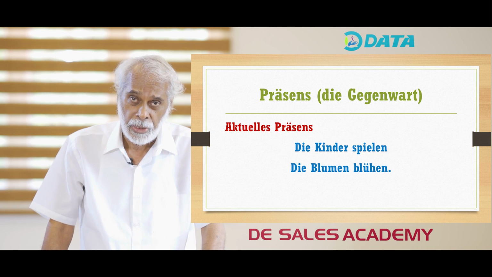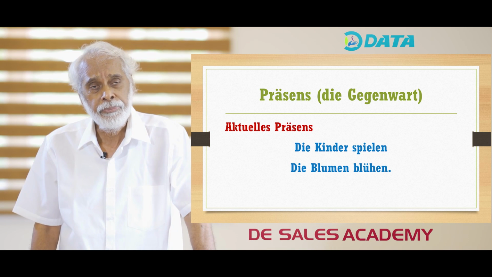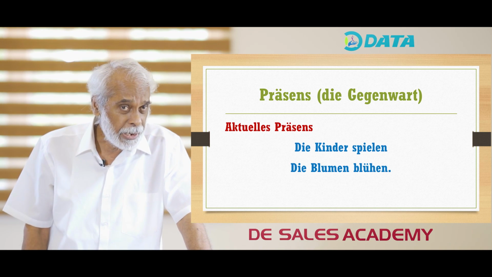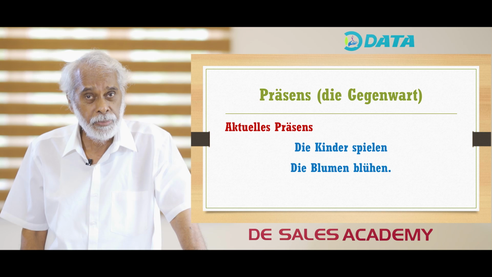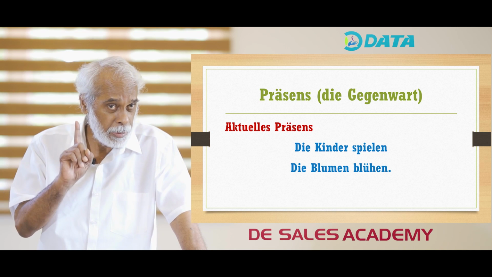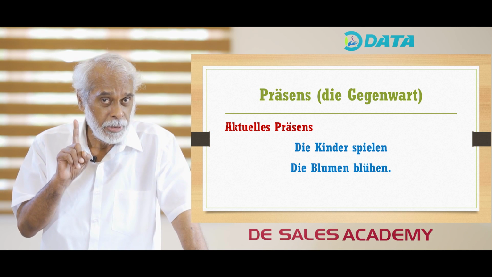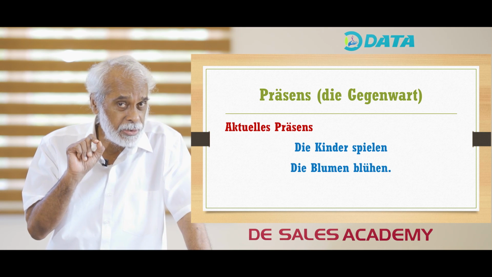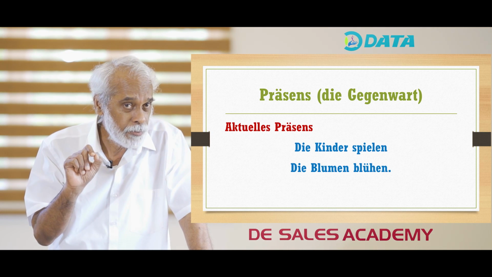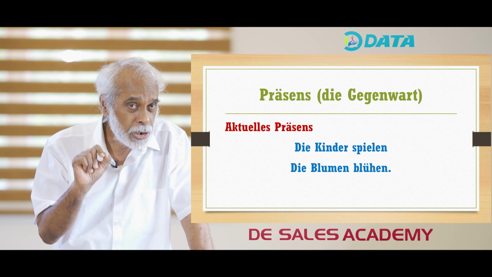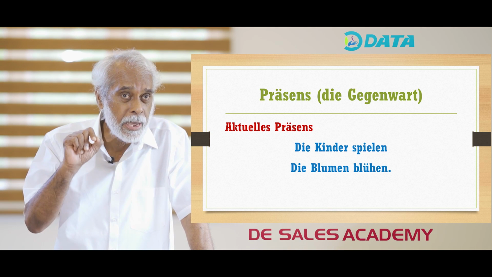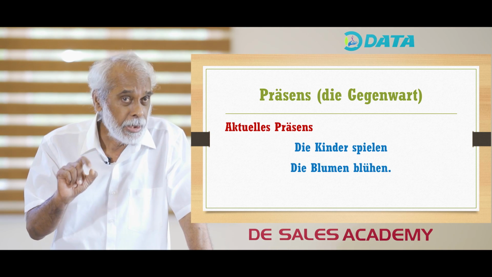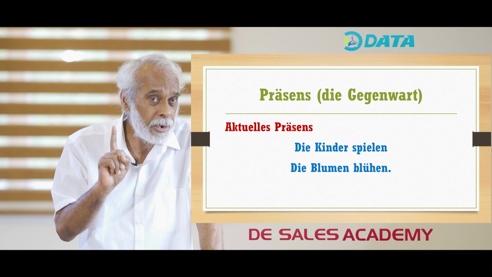Beispiel: Die Kinder spielen. The children are playing. Remember, in German, the sentence die Kinder spielen means the children are playing. In English, this is known as present continuous.